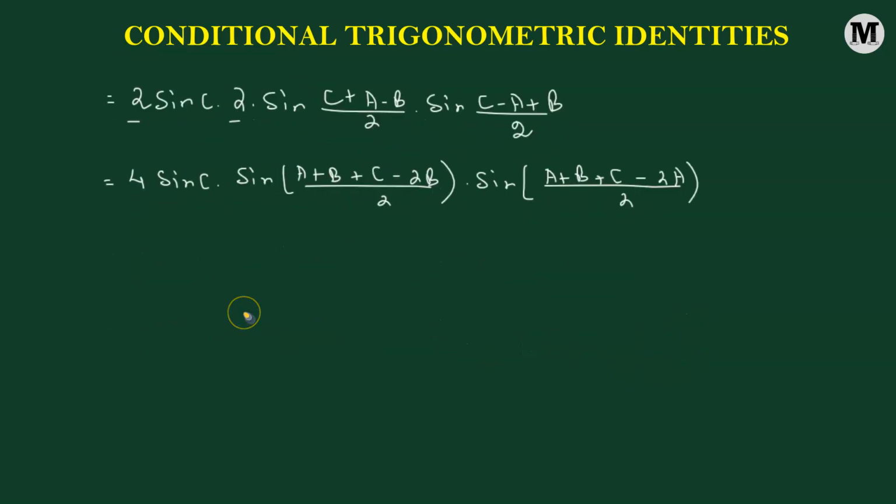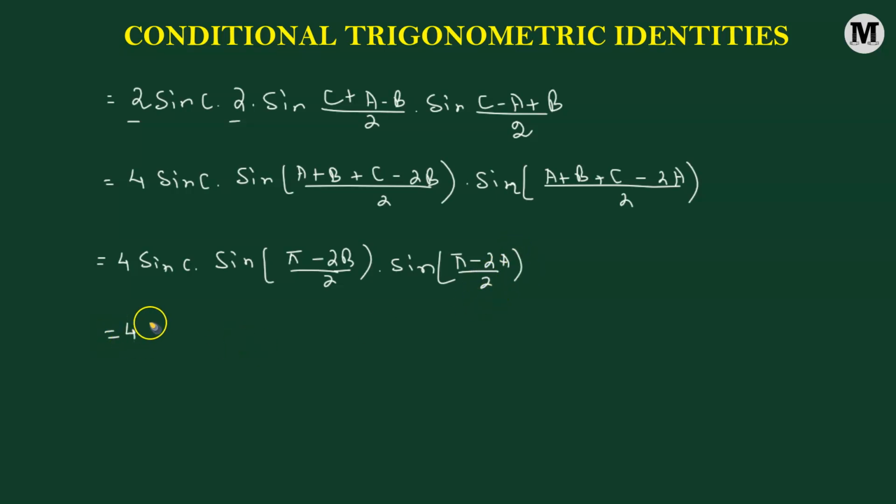Okay, let's further simplify. We will get 4 times sine of angle C multiplied by sine of angle pi minus 2B over 2. We have replaced A plus B plus C with pi radians. Similarly, for the next expression, we have sine of pi minus 2A over 2.